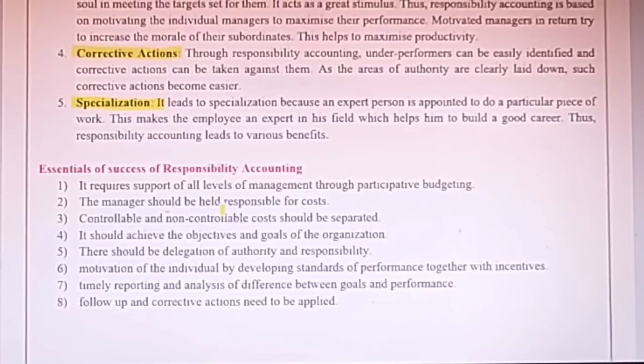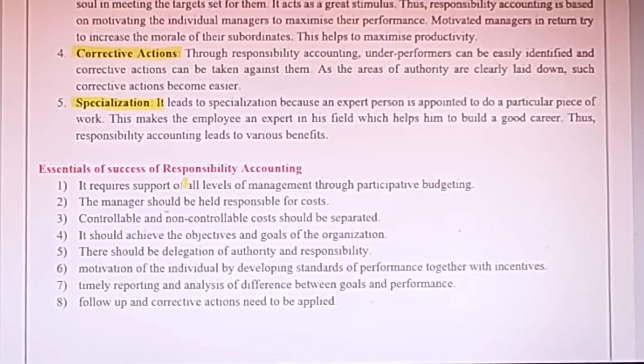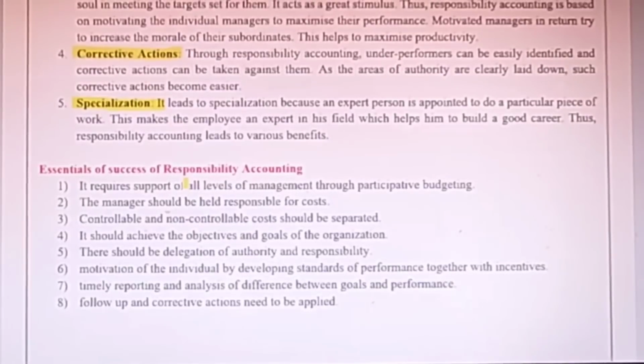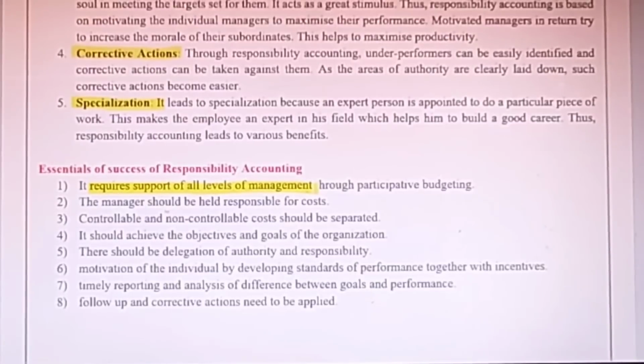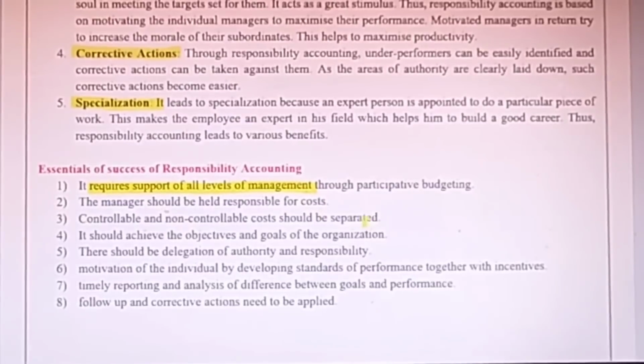And there are some essentials of the success of responsibility accounting, some factors we should remember. It requires the support of all levels of management. It is not only about the production department or the middle level or upper level; all the levels of management should support responsibility accounting.